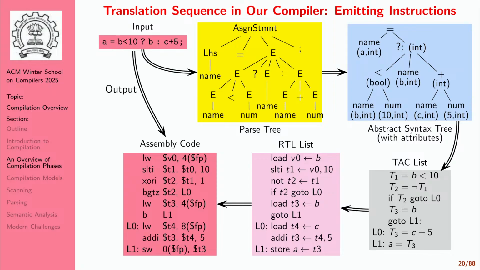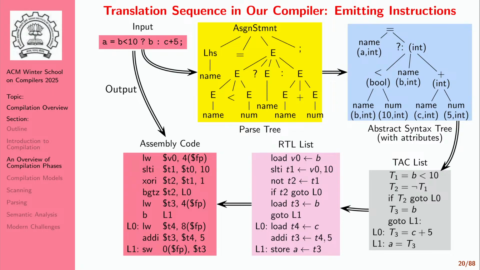Then we go to three address code. Which detail have we added in three address code, which is not there in the abstract syntax tree? Yeah. The sequence of operations. In the abstract syntax tree, the sequence is implicit. It's assumed that we know how to read the abstract syntax tree. But here we are making the sequencing, the control flow, explicit.